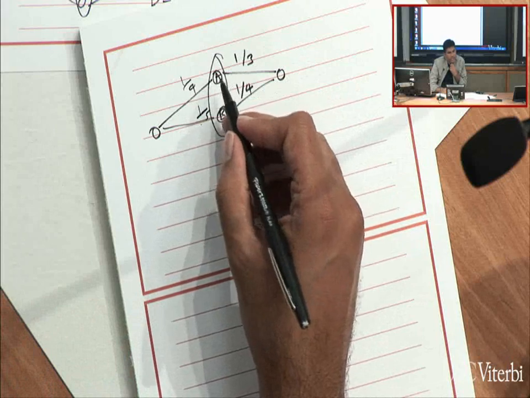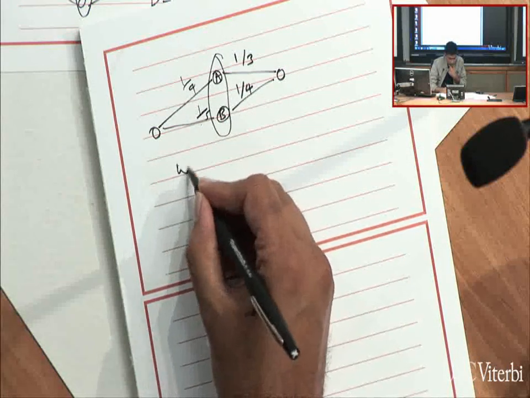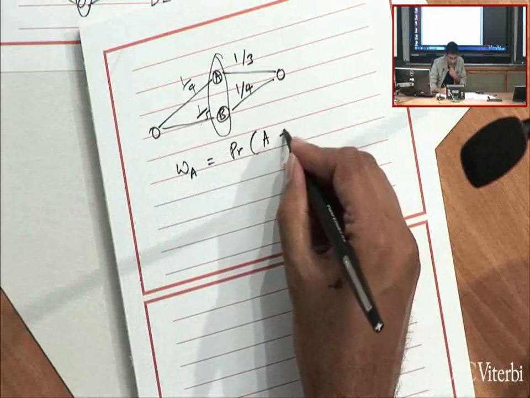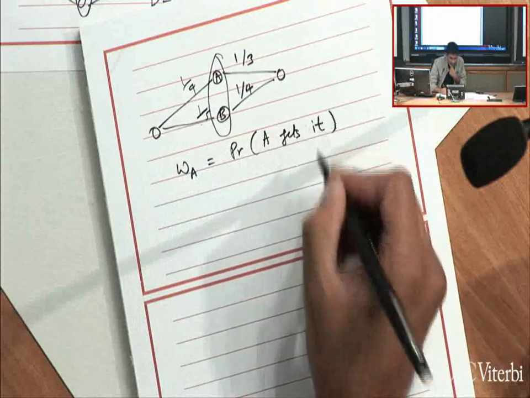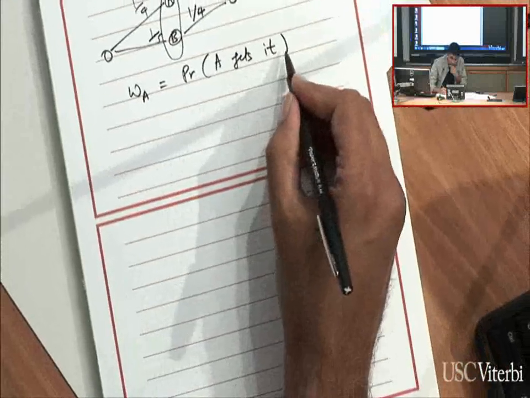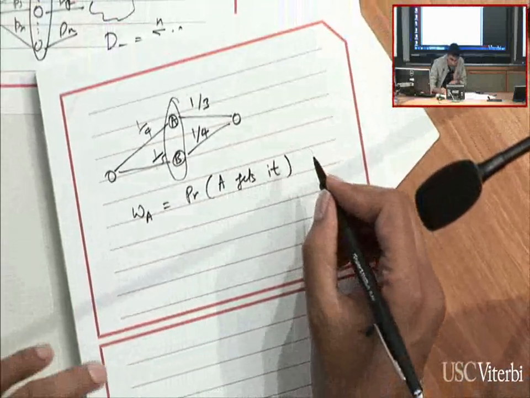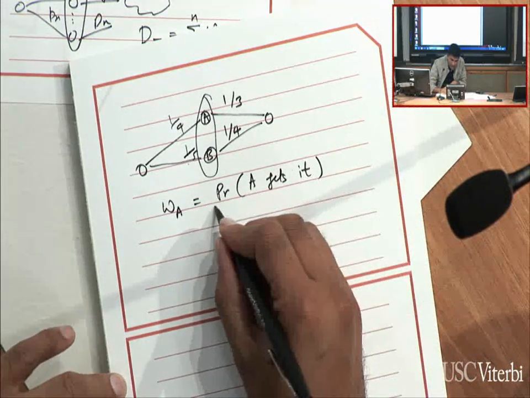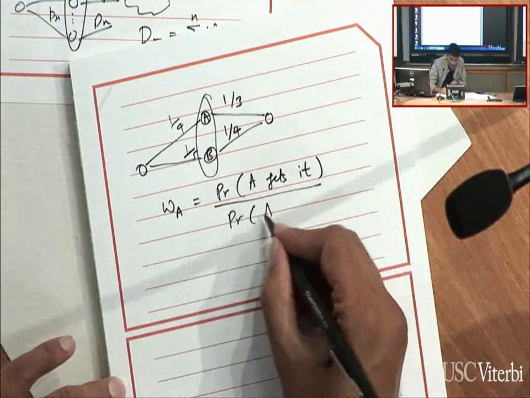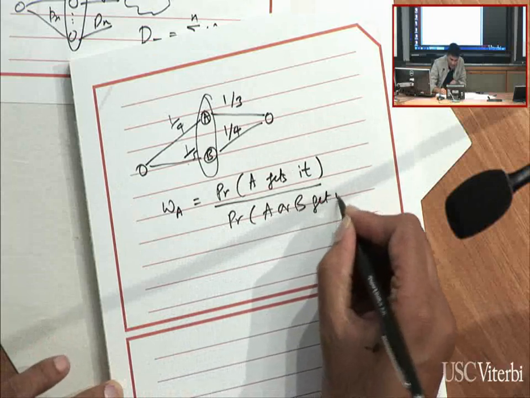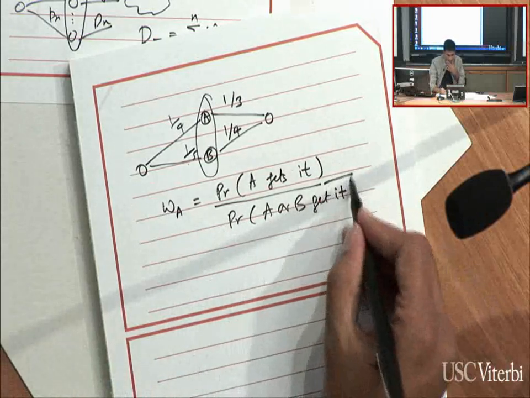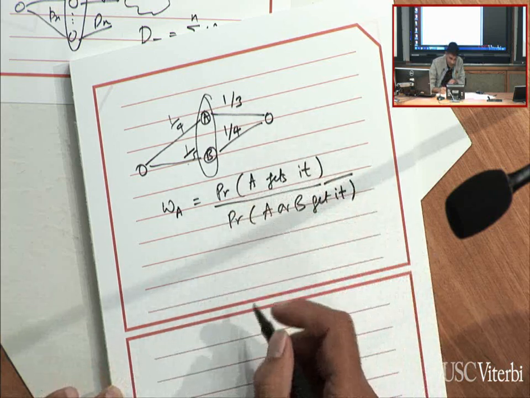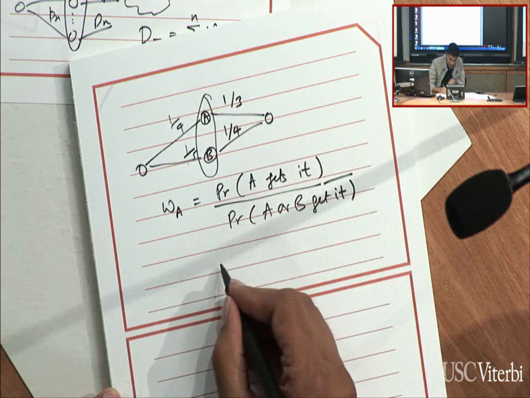Well, the probability A is the forwarder is the probability that A gets it divided by the probability that A or B get it. Why is it divided by that? Let's simplify this a little further.